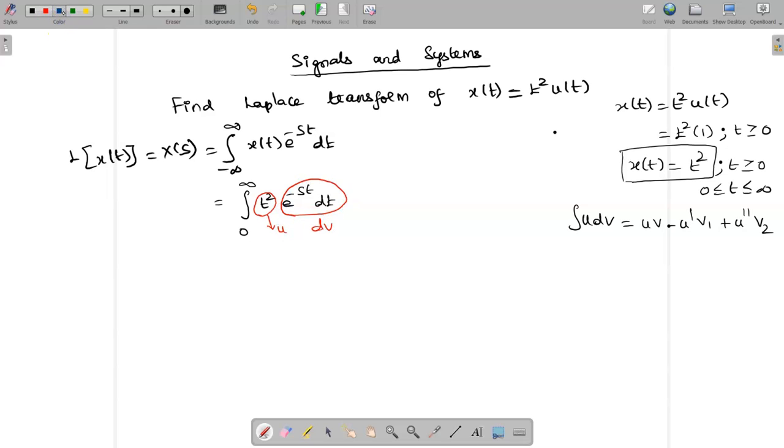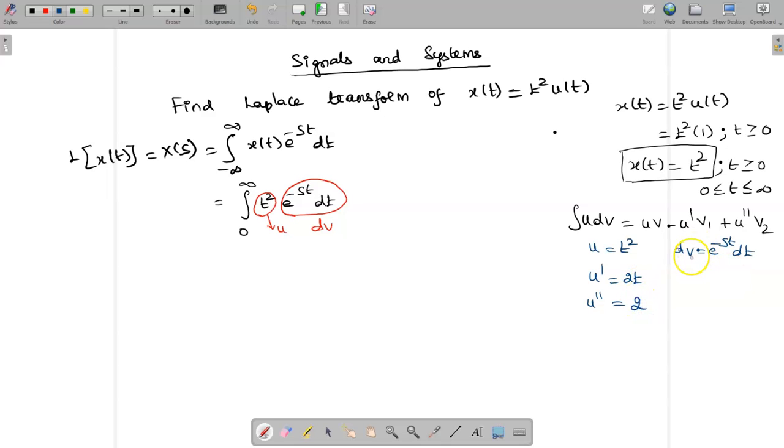Okay. So, here u is t square and dv is e power minus st dt. So, find out u dash. U dash means differentiation. So, differentiation of t square is 2t. Again we need to find out u double dash. U double dash is nothing but differentiate this value, which is nothing but 2.